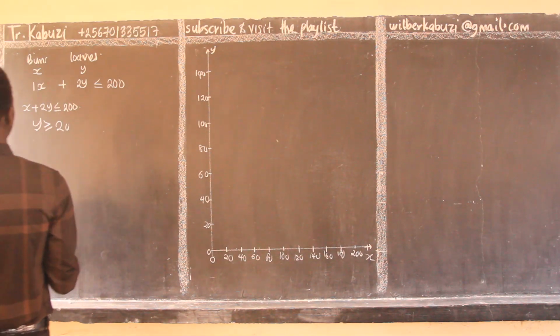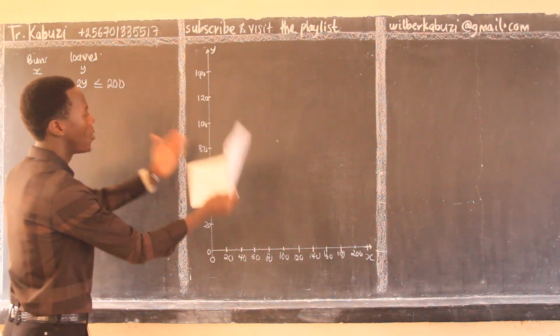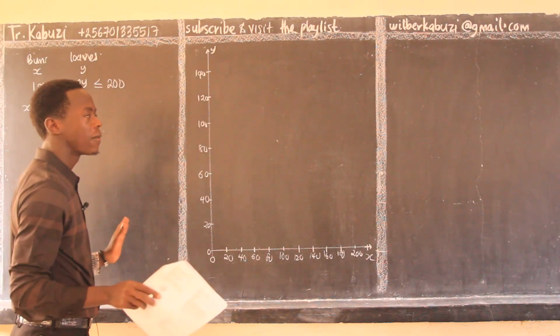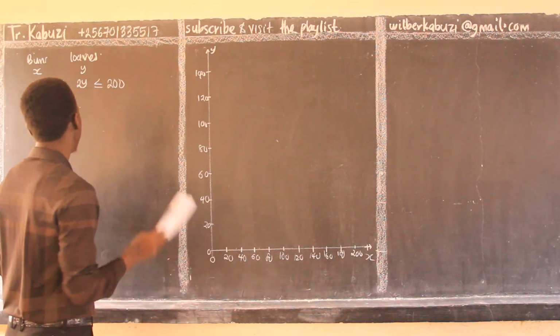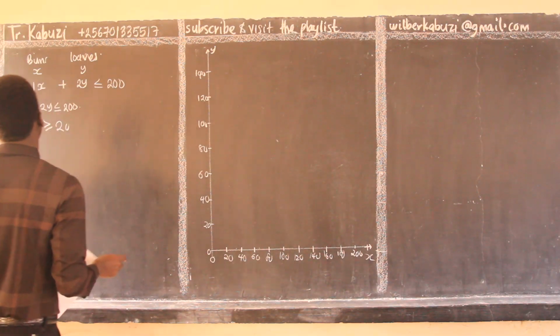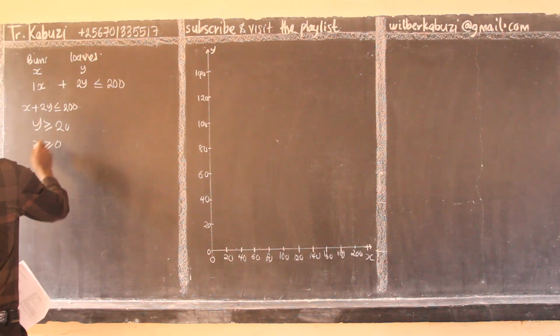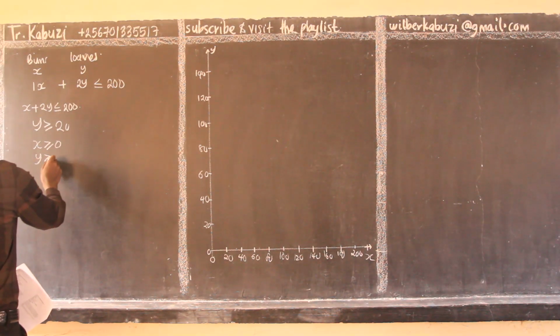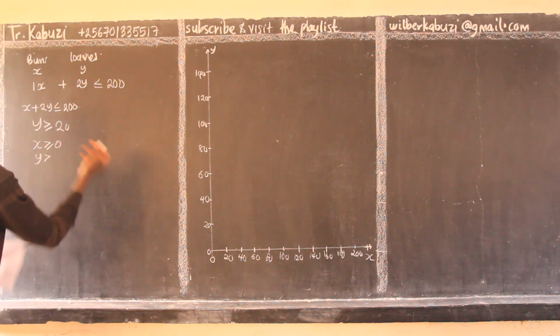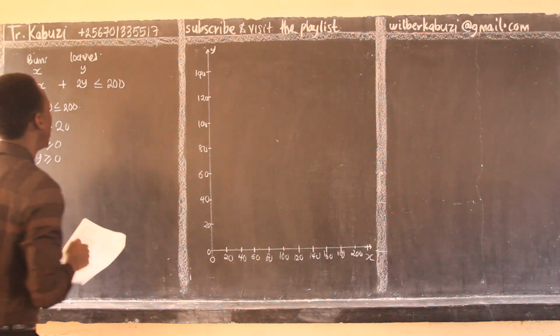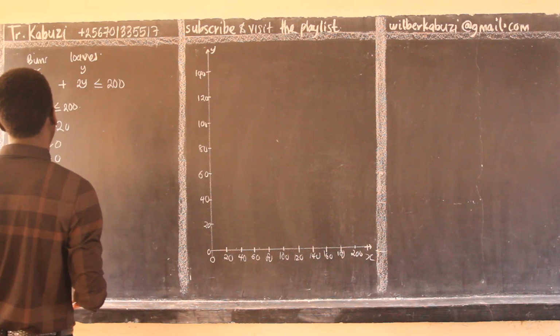So what else? We just want to represent this on the graph. You're not solving, you're not maximizing, you just want to represent it on the graph. From there we know that we have to get boundary lines.